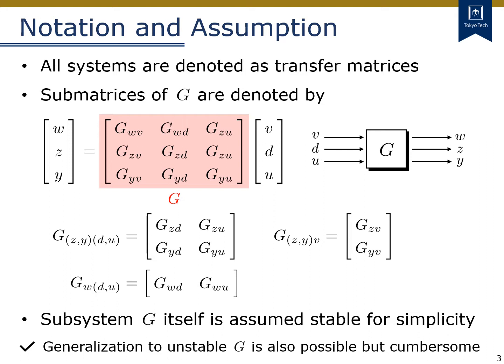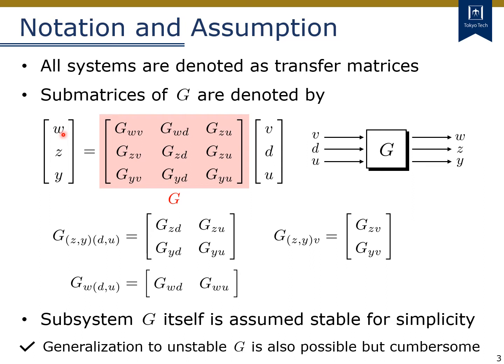In particular, the submatrices of the subsystem G are denoted in this way, where GWV, for example, denotes the transfer matrix from the input V to the output W. All other submatrices are denoted in a similar way with the subscripts indicating the input and output signals.